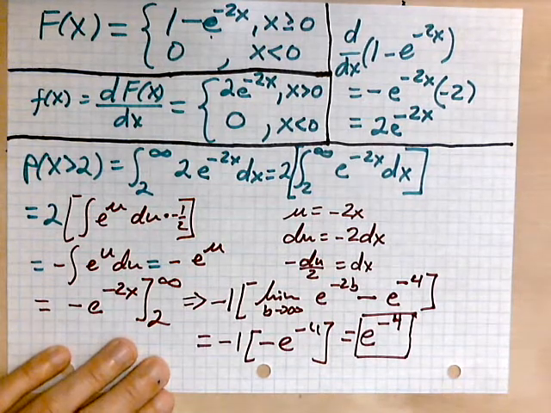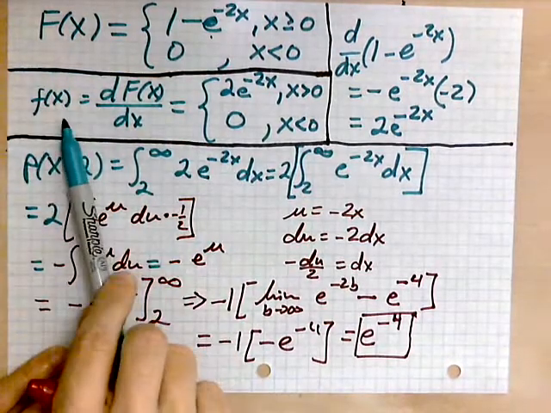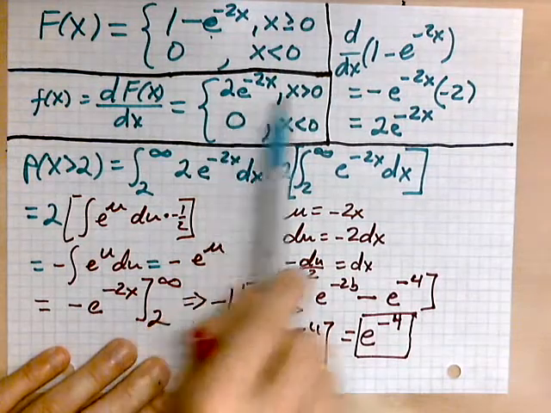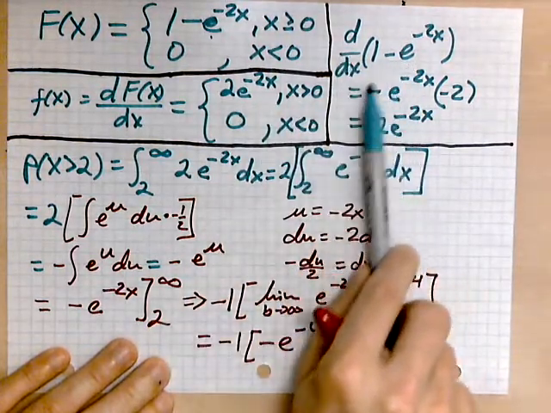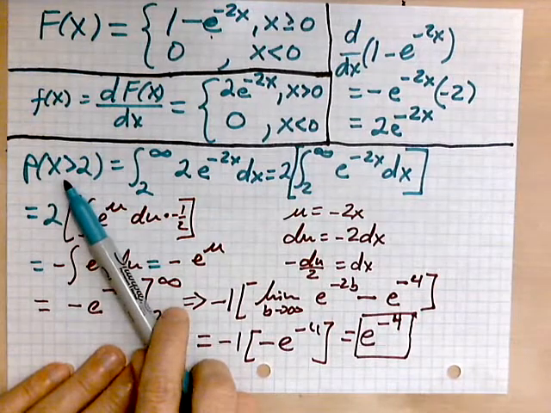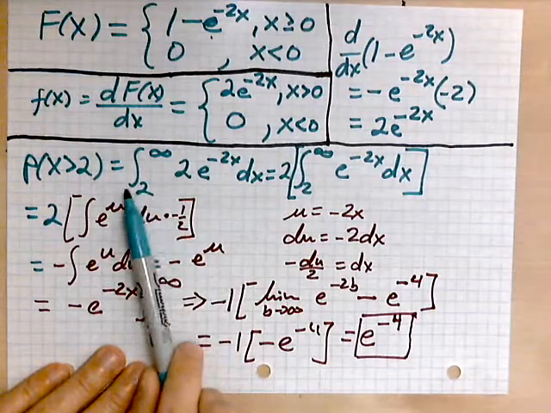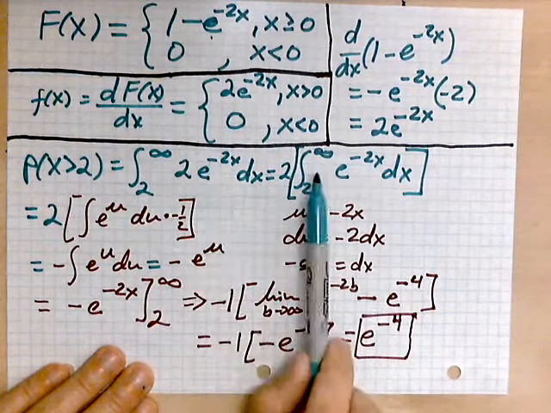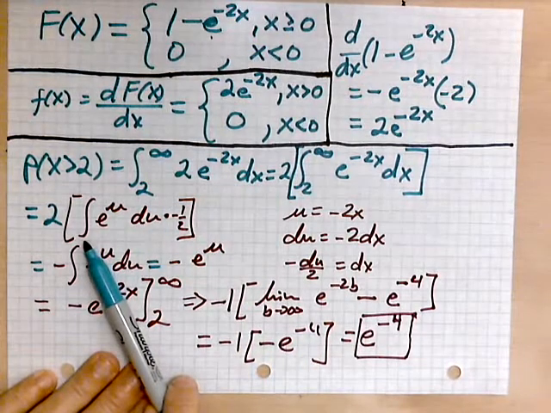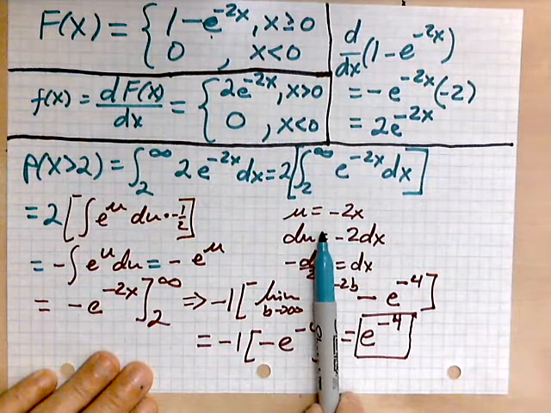So to review, the key concepts are these. This is the CDF, big F. To find the little f, or the PDF, you differentiate as I've done here, using the chain rule. To find the probability that x is greater than some value, such as this one, this is the exponential distribution here, so you write this integral. The 2 is constant, factor it out. We have reviewed here the process of u-substitution to ease the integration process.